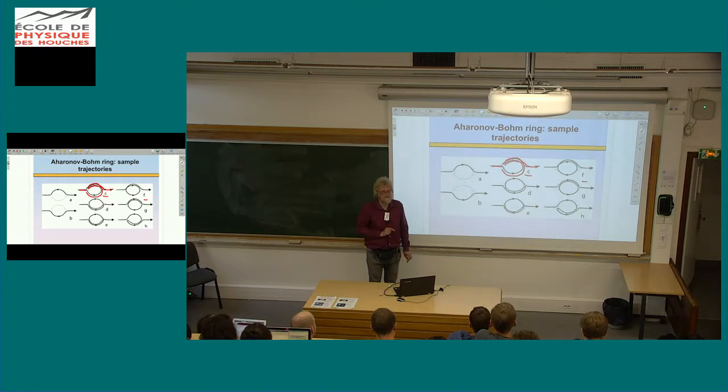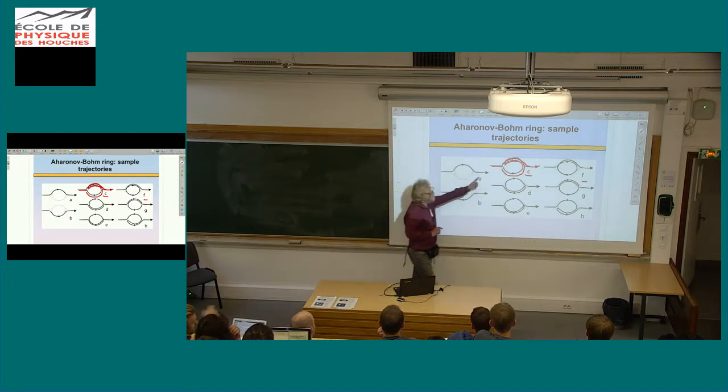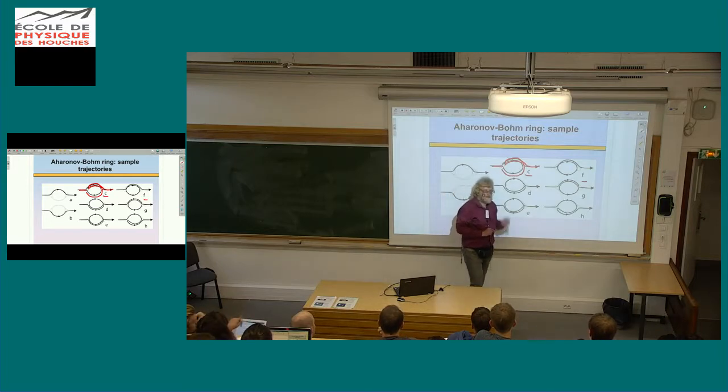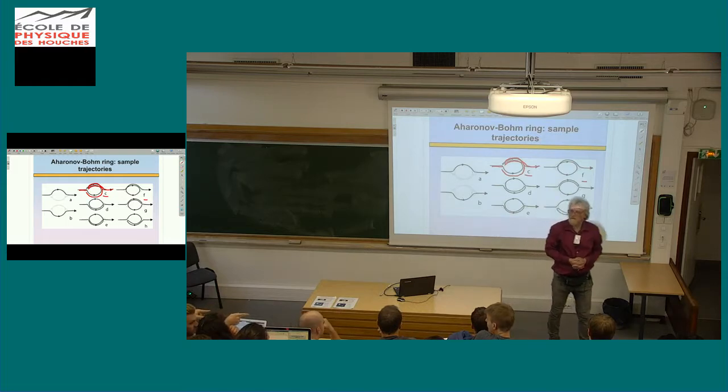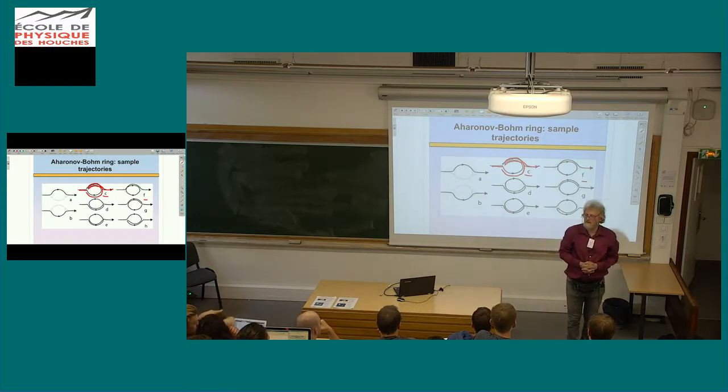What is the difference? Can anyone formulate it? Yes? Different values. We have made circles around the flux. For both trajectories, we got around the flux, making a closed loop. The difference is that we did it in opposite directions. That's the difference between C and F.